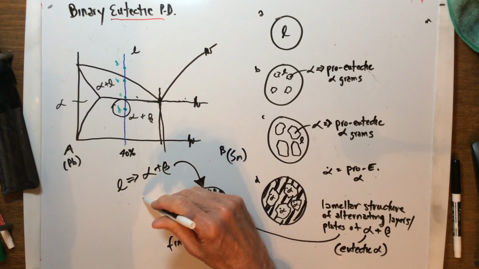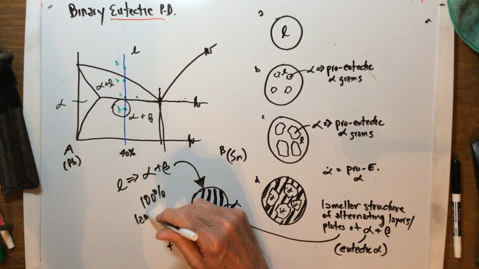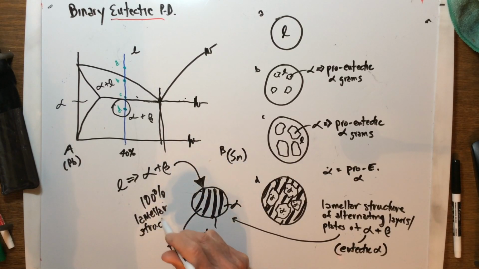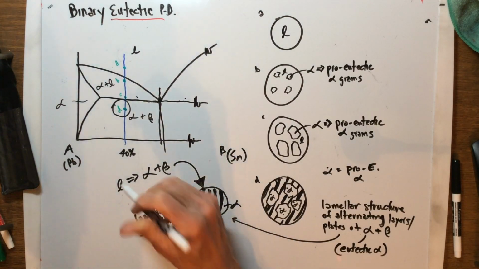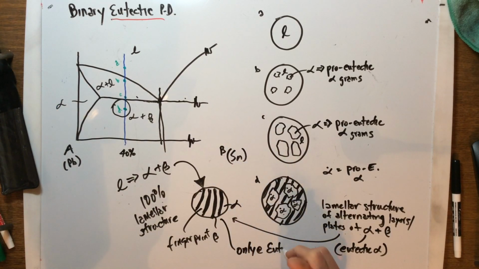It would be a 100% lamellar structure. A 100% lamellar structure, only at eutectic composition. Okay?